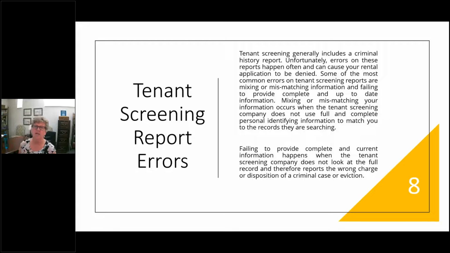It can be anything from mixing up your name with someone else's name to having social security numbers that are one digit off, or really just getting bad information or not getting complete information. These are typical errors that we see in credit reports, as well as tenant screening reports.